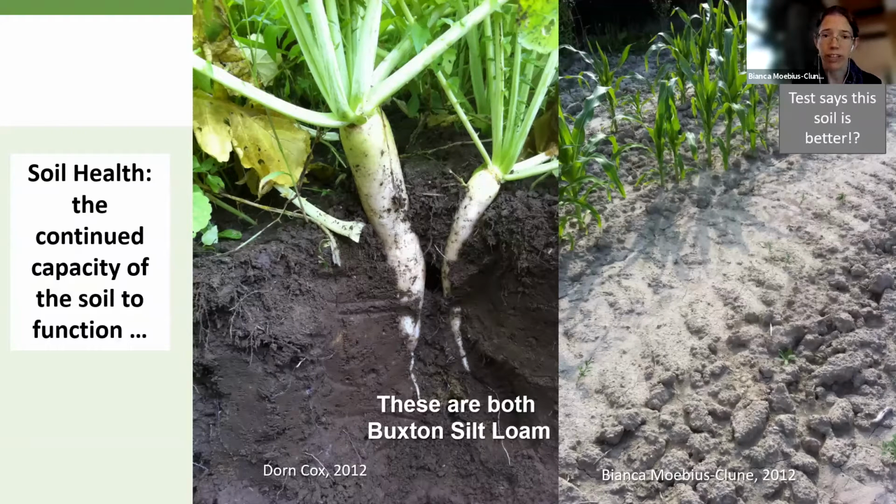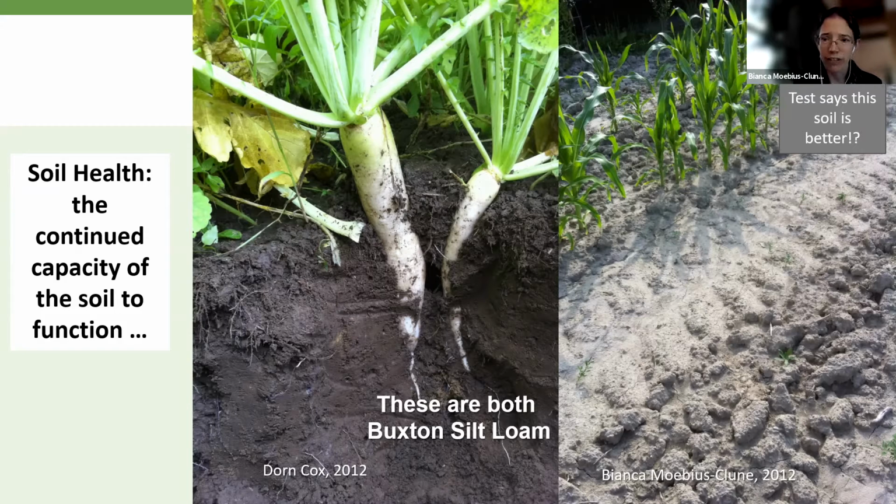It really wasn't working. This was conventionally tilled, never cover cropped, no inputs other than fertilizers and pesticides and those kinds of things. And it got rutted, soil health declined. It was looking awful. Yet a standard soil test said this one was better because all the nutrients, the pH had been managed just fine, right? And yet it wasn't functioning.